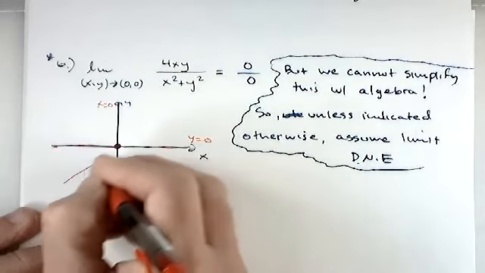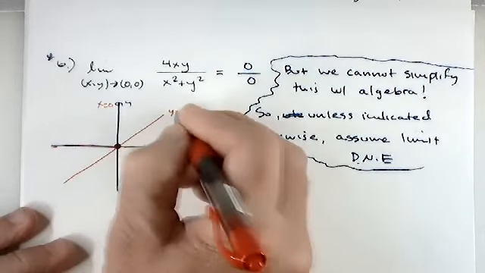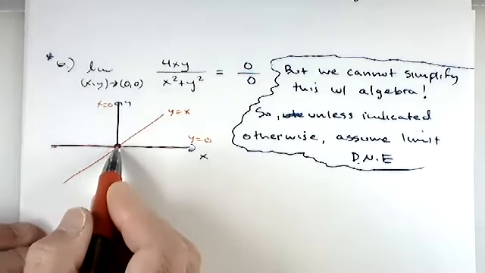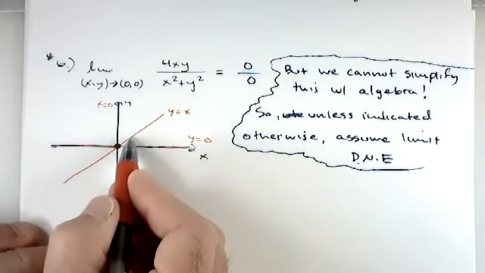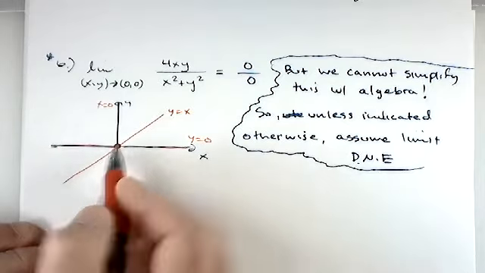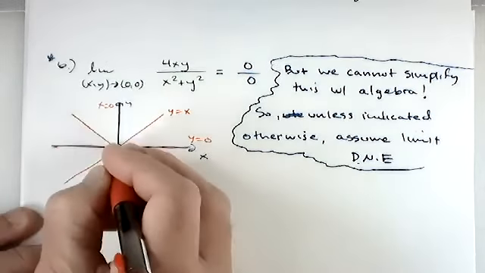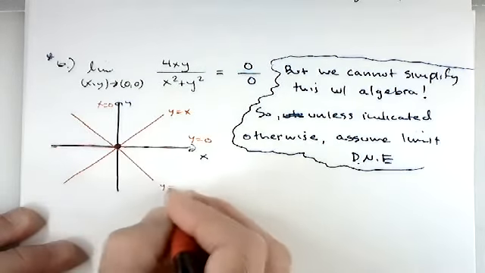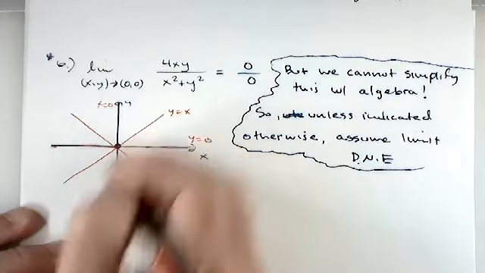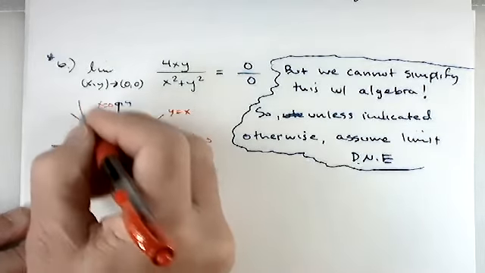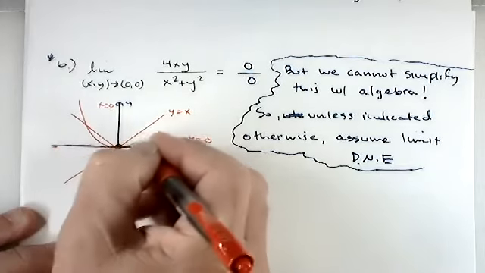What about a line that passes through the origin, like y equals x? We can get close to 0, 0 along this line. We could get close to it along y equals negative x. Y equals 2x, 3x. What about y equals x squared?